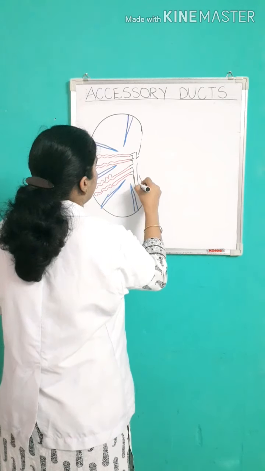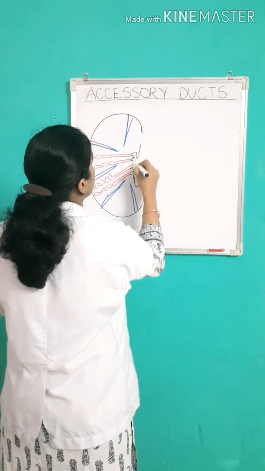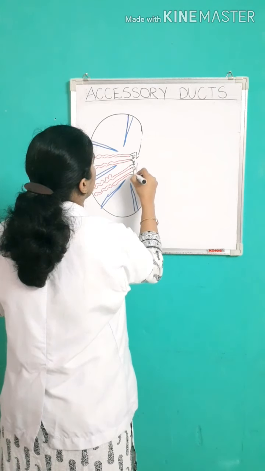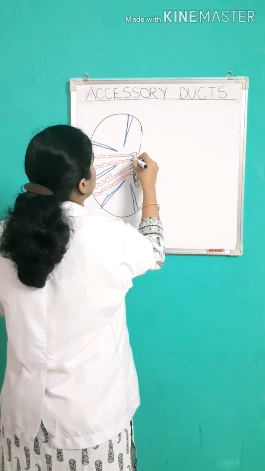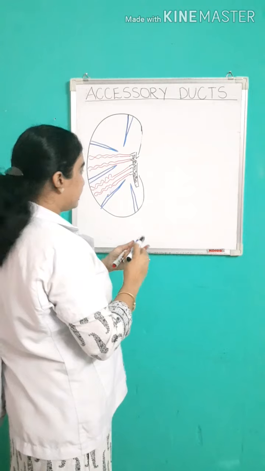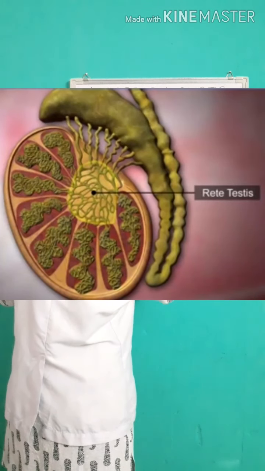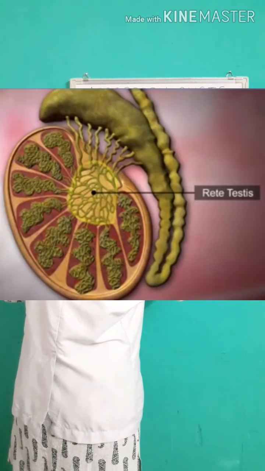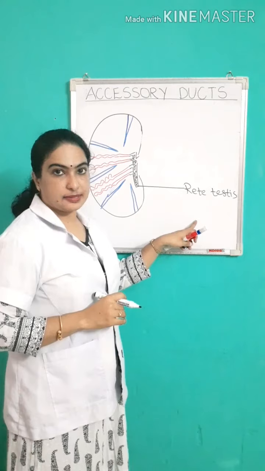And this part is known as the rete testis. This is the first accessory duct.